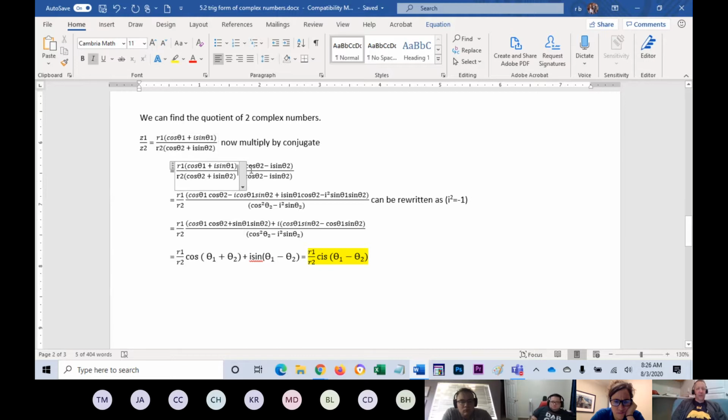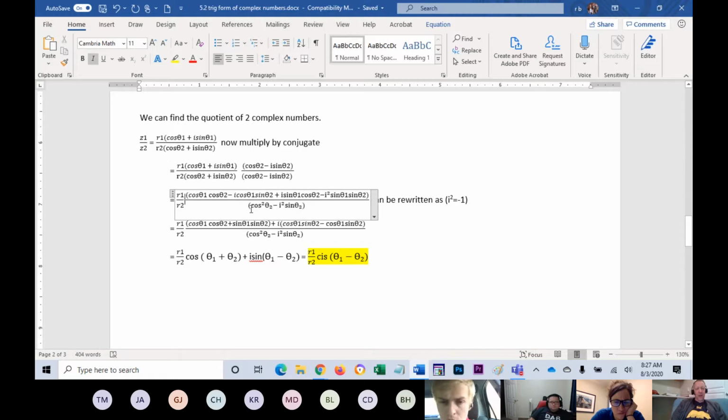Okay? Now, we're going to multiply by the conjugate of the denominator because it'll just make our life easier. So I've got r1 over r2. I'm going to pull that out. Cosine theta 2 plus i sine theta 2. The conjugate is cosine theta 2 minus i sine theta 2. So we'll multiply top and bottom by the conjugate of the denominator, okay?